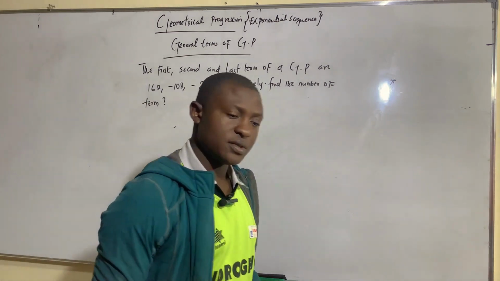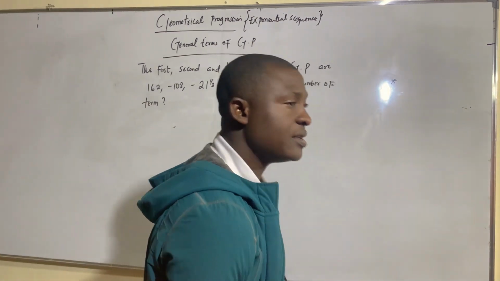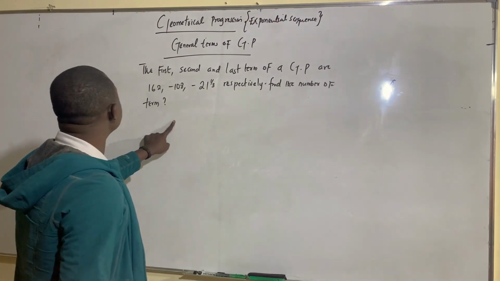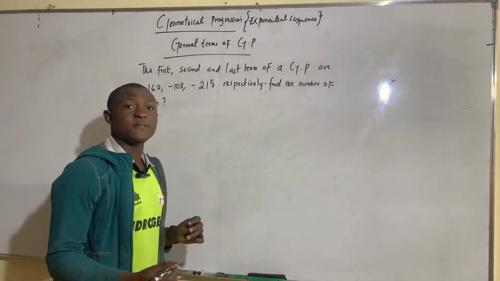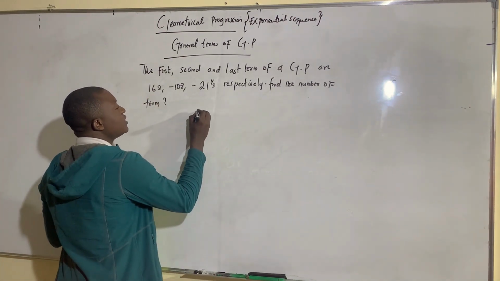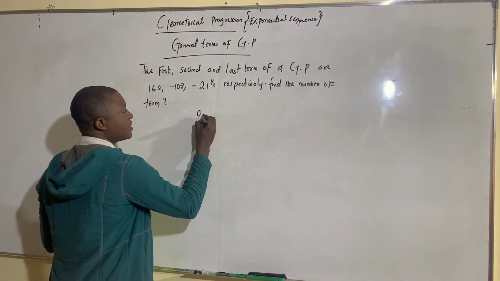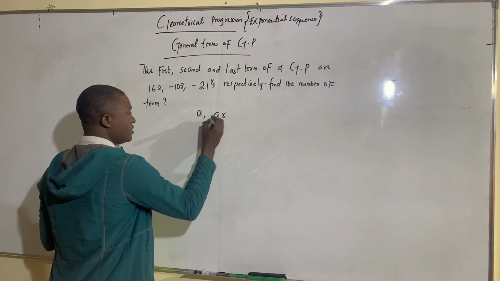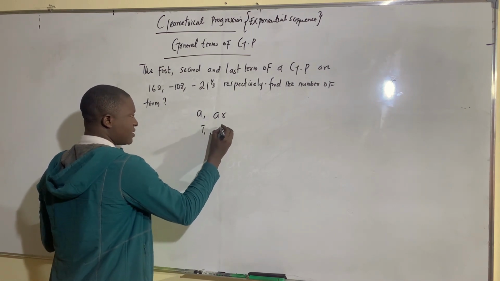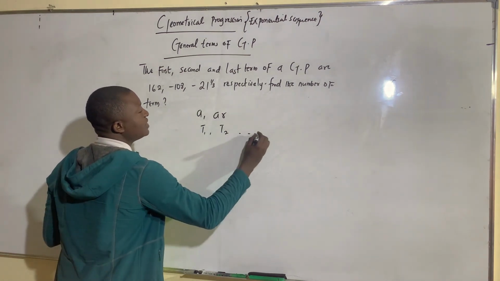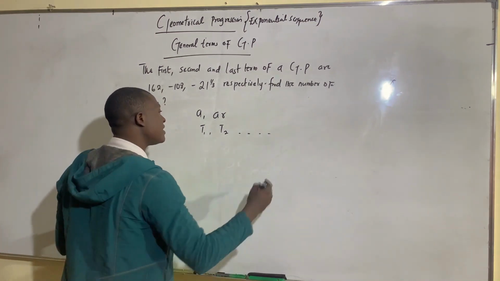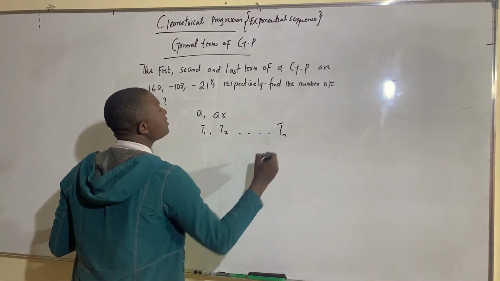You can just solve it, the same process, the same method. When they say the first, they're talking about A, right? The second, they're talking about the second term. This is A R. This is the first term, second term, and last term of that particular sequence. The last term, that one is Tn.